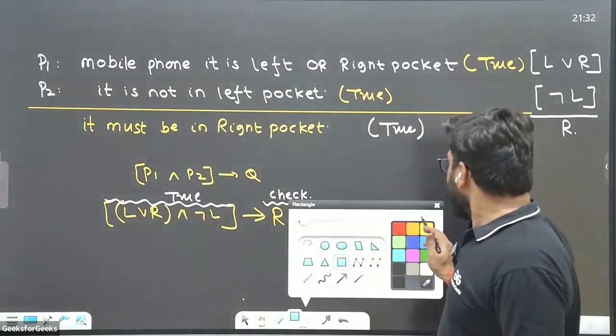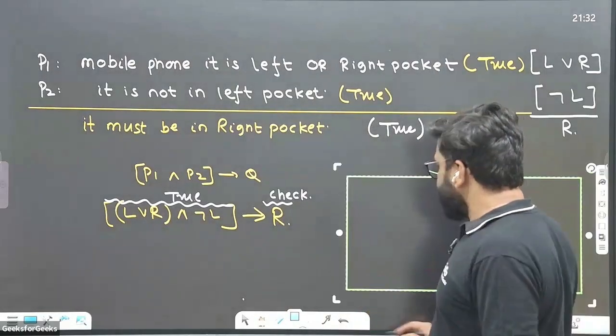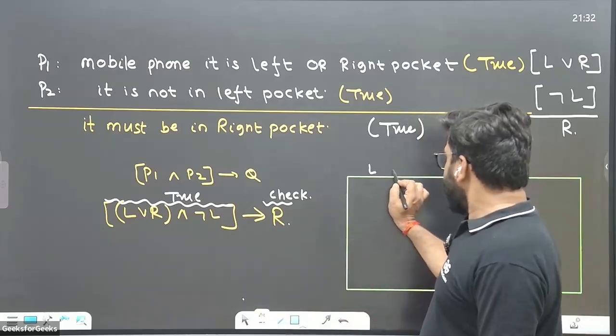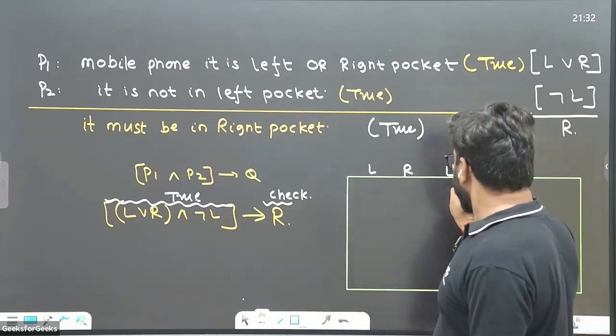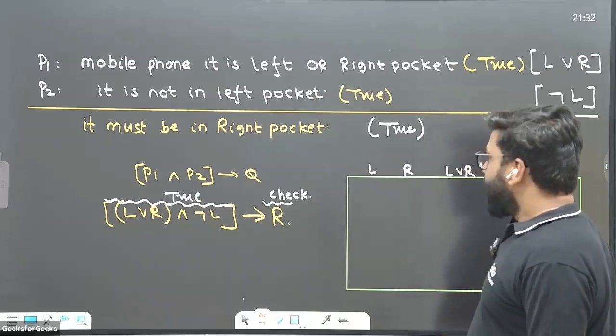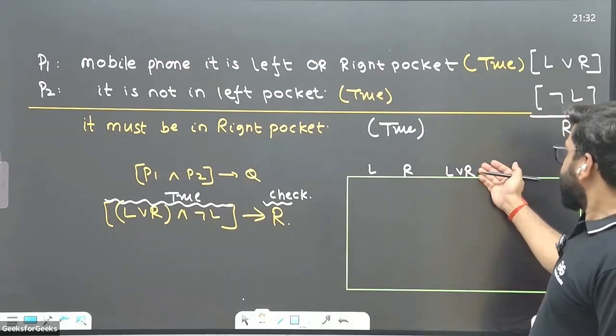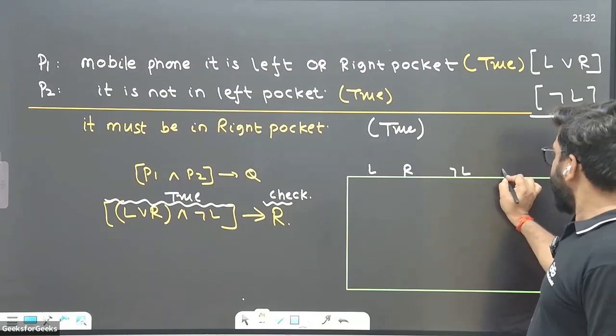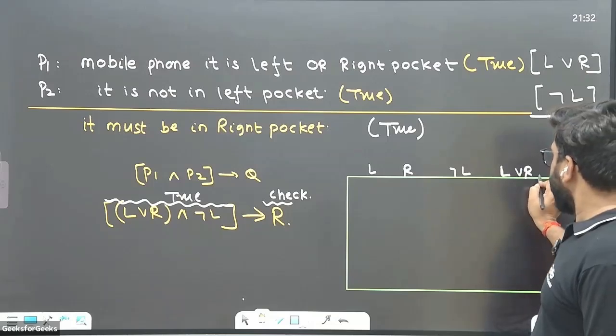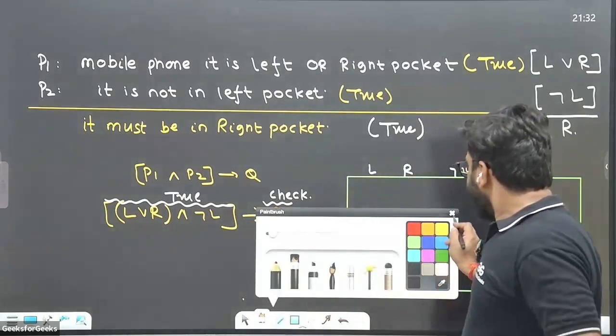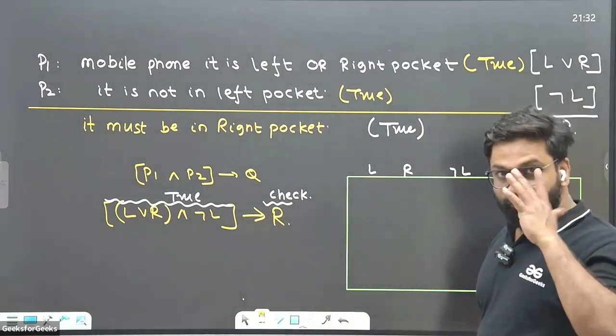So how can we understand? See, let's take one truth table here. I have this truth table. This will become L, this will become R, and then here you will get L or R, and for example, let's consider this is negation of L. Now, with the help of the truth table, I'll try to show you.